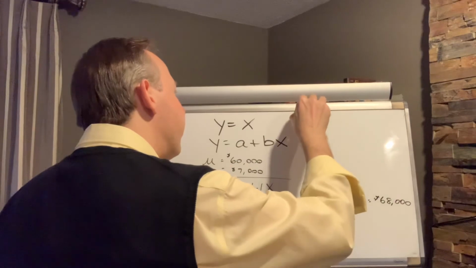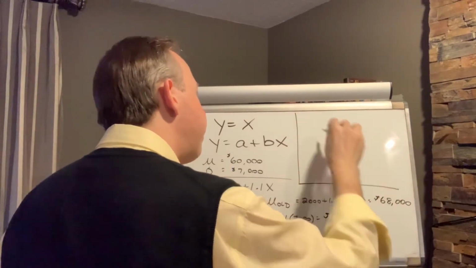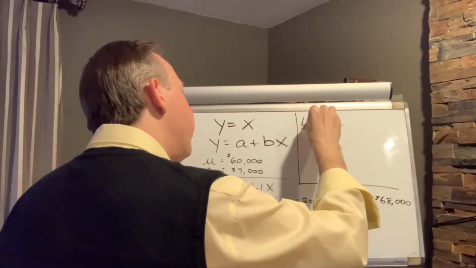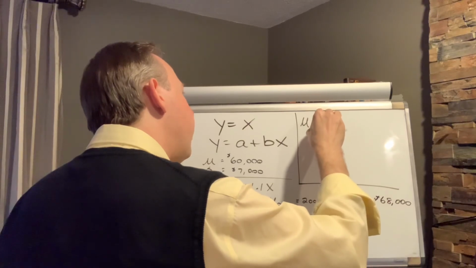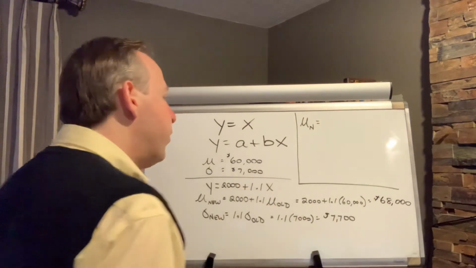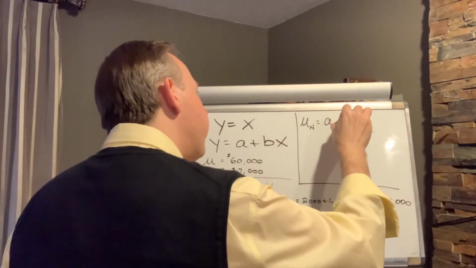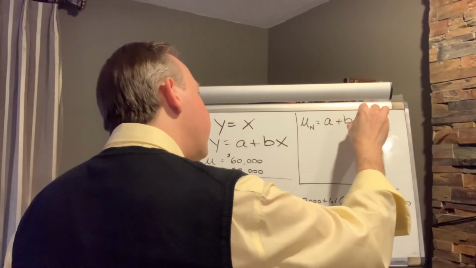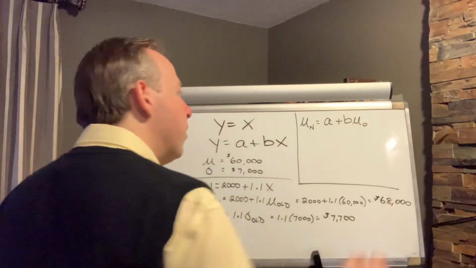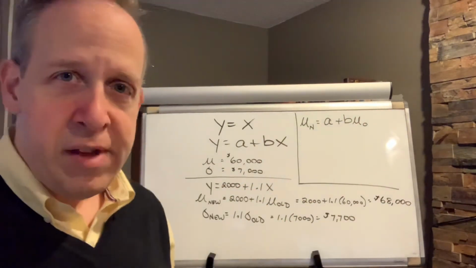Here's the essential equation, okay? A new mean, we'll say n, so mu sub n is equal to A plus B mu sub o for old. Again, that's the same thing we just did.